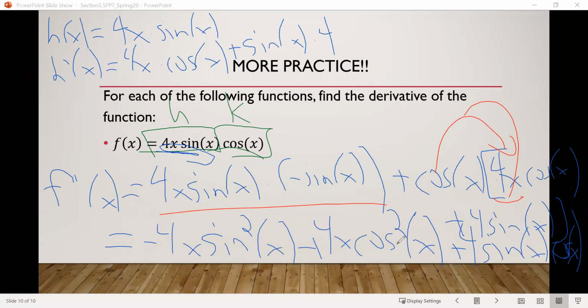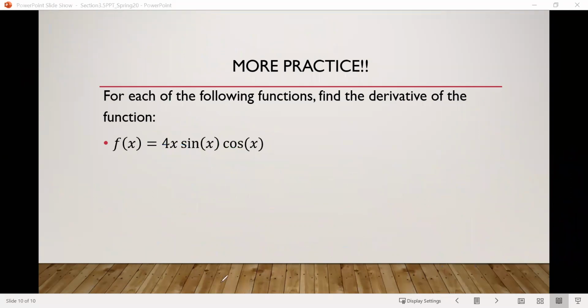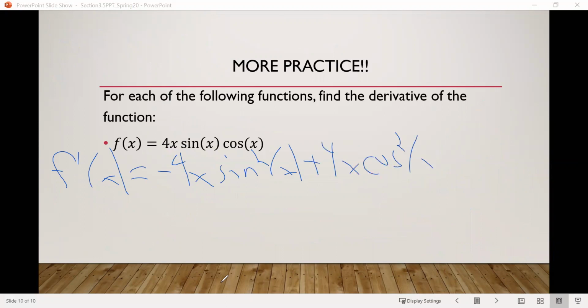Here, let me rewrite it. So far what we've got is that f prime equals negative 4x sine squared of x plus 4x times cosine squared of x plus 4 times sine of x times cosine of x.